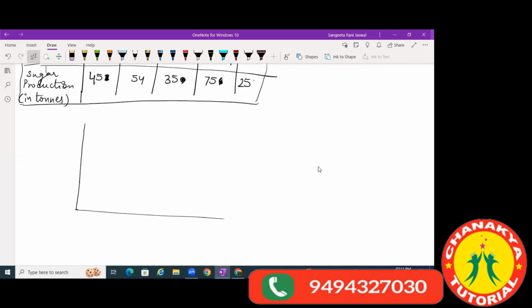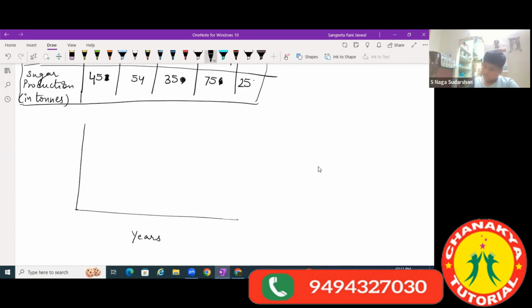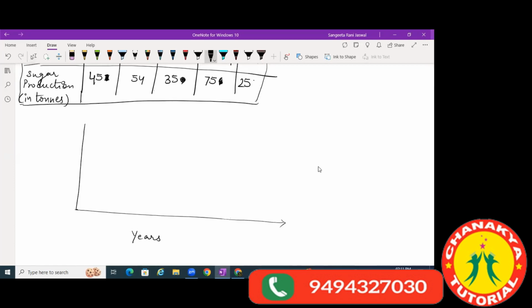Now see, I'm taking years on the x-axis and I've taken the sugar production on the y-axis, right?